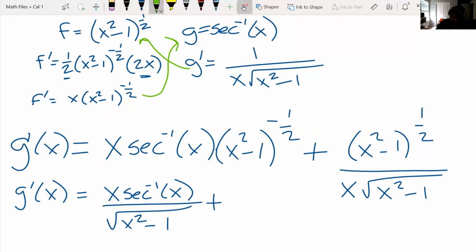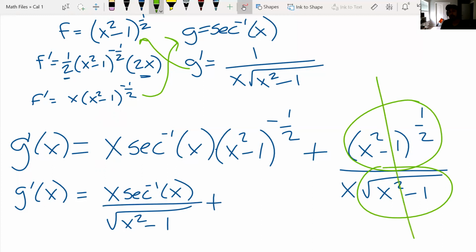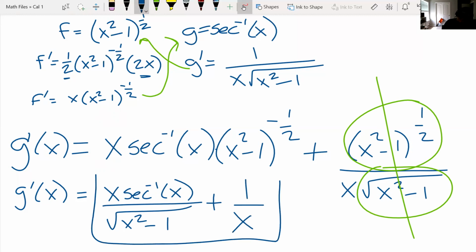Plus, this and this are the same. So guess what? Cancel. Which means that leaves me with just 1 over x. Done. All right. Cool. Combine those if you want. You don't have to. Beautiful.